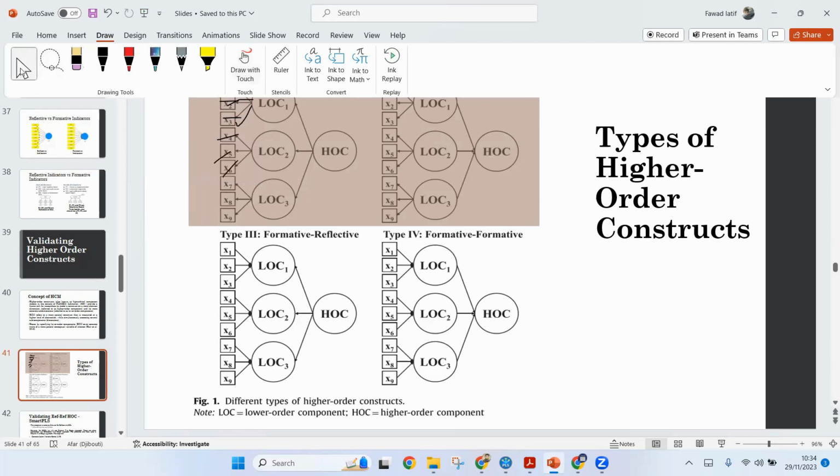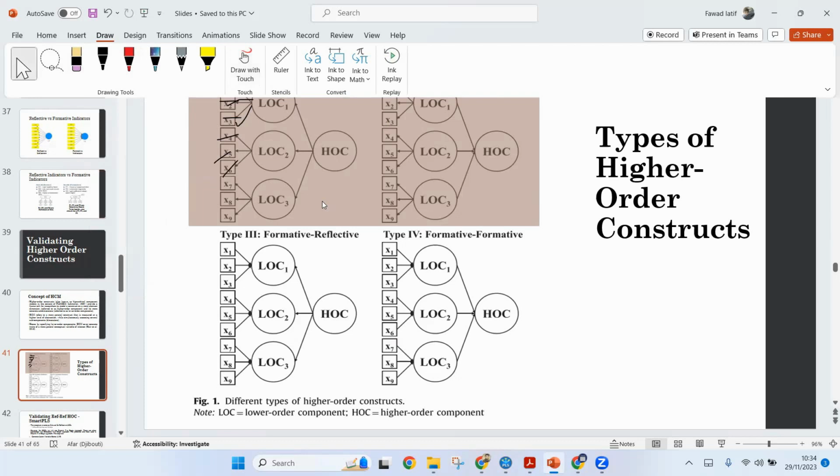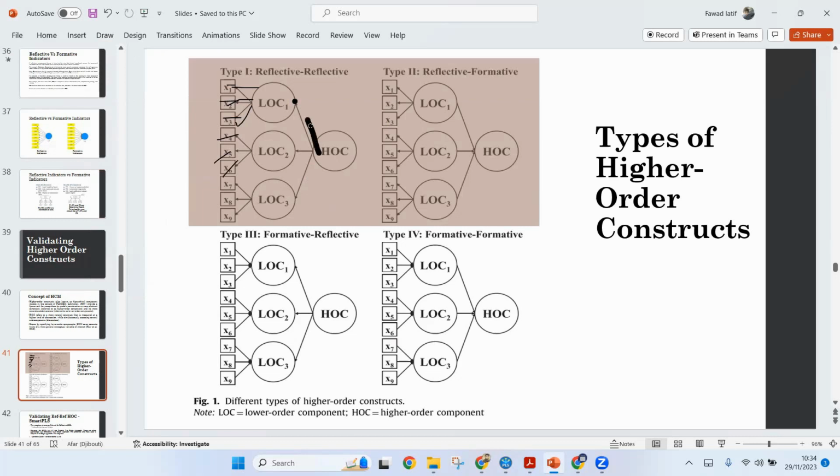Okay, now look at this. Arrows are pointing from the higher order construct to the lower order constructs. Same is the case with this one, same is the case with this one.